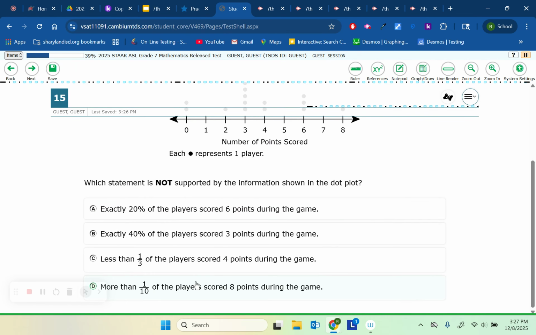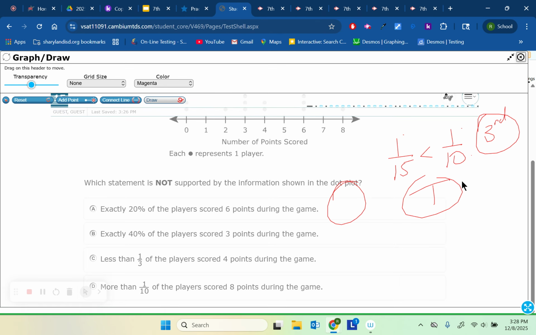So, I'm sorry, that statement is false. Let me take that back. So this is true here. So we know this part is true, but I'm thinking, well, they all work. Hello. I'm not making this video again. More than 1/10. So 1/15 is less than 1/10. However, more than 1/10.